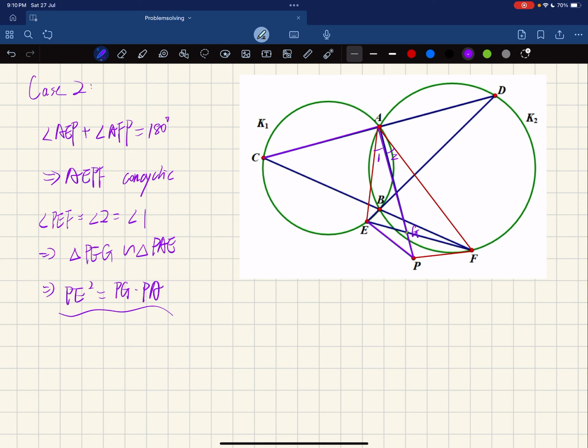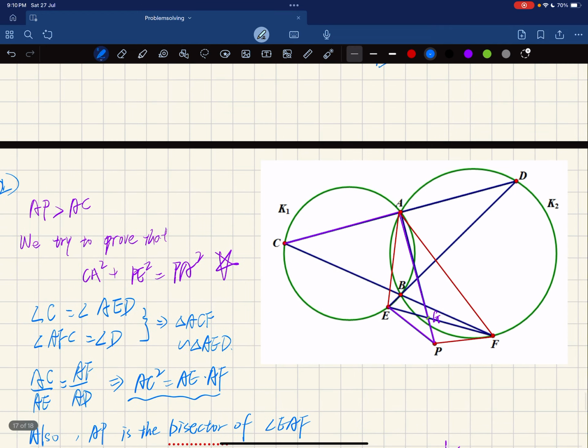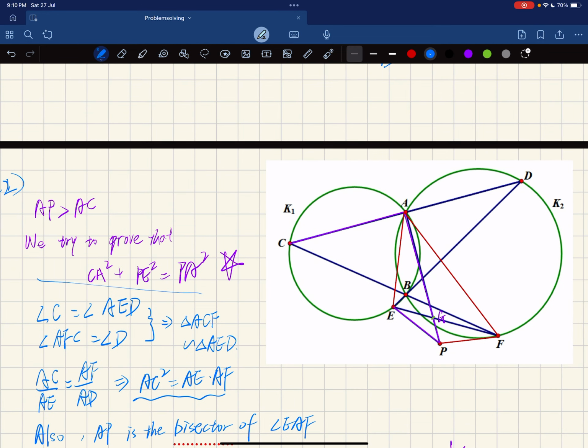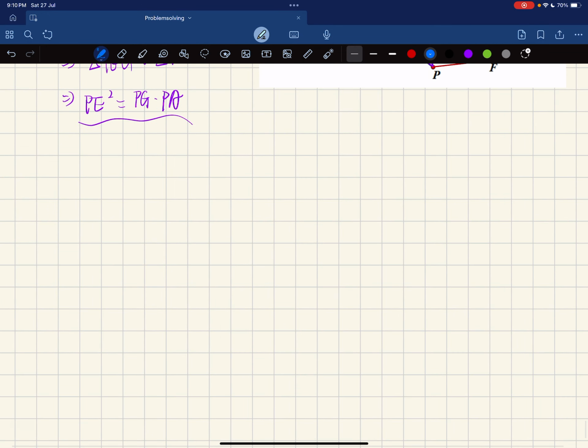So we're very close to the victory. So what is the thing left? What do we try to prove? We try to prove this thing, right? So we calculate CA square plus PE square minus PA square.